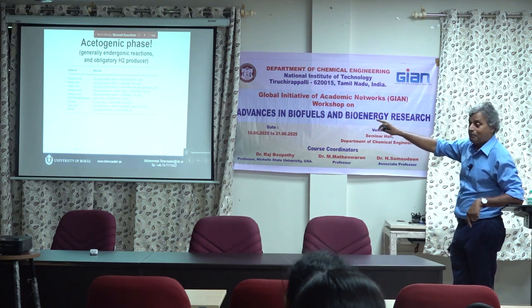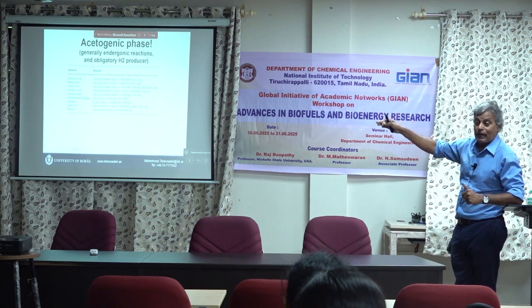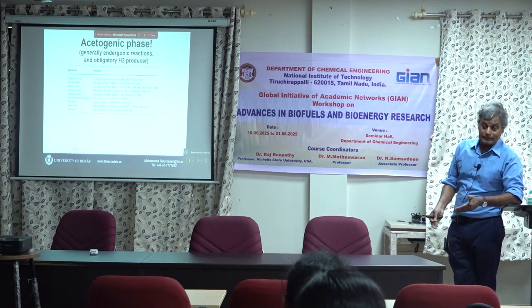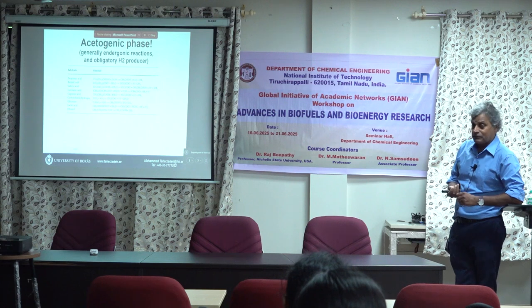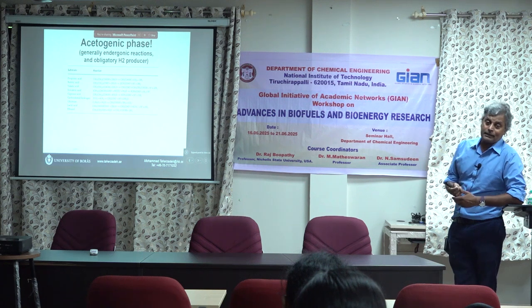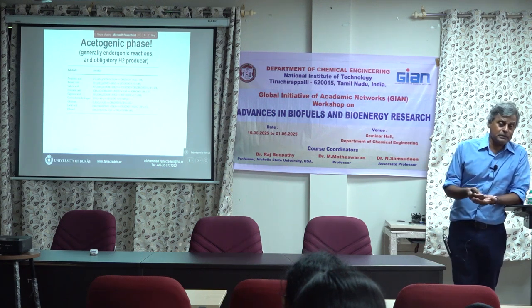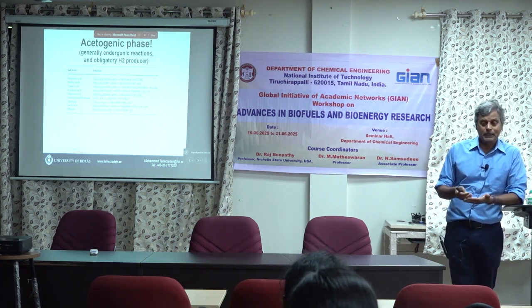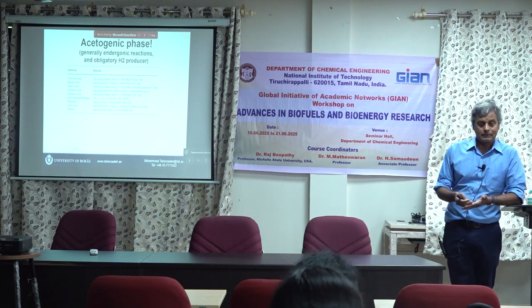What's happening biochemically, the end products you get in acetogenesis are acetic acid, hydrogen and a little bit of CO2. So every acid you produce is finally converted to acetic acid. That phase is called acetogenesis, production of acetic acid.